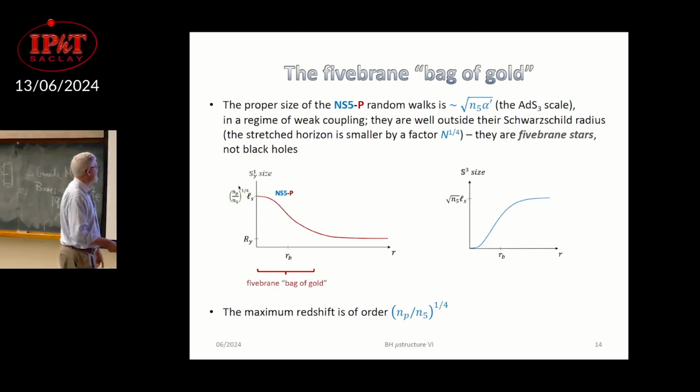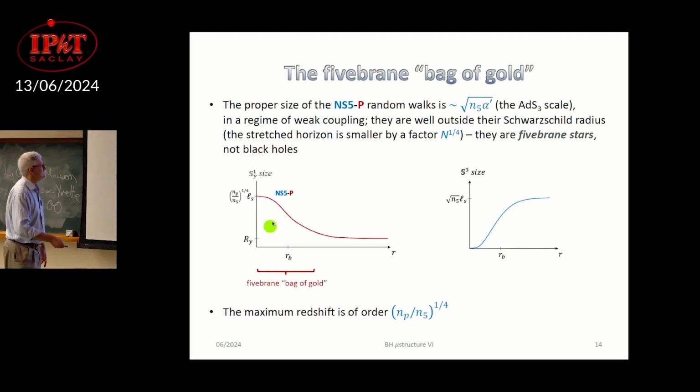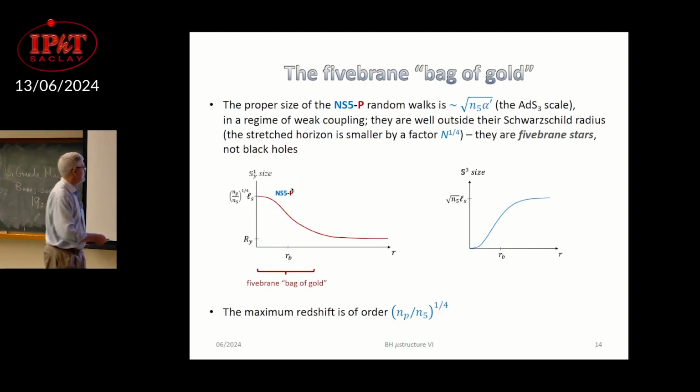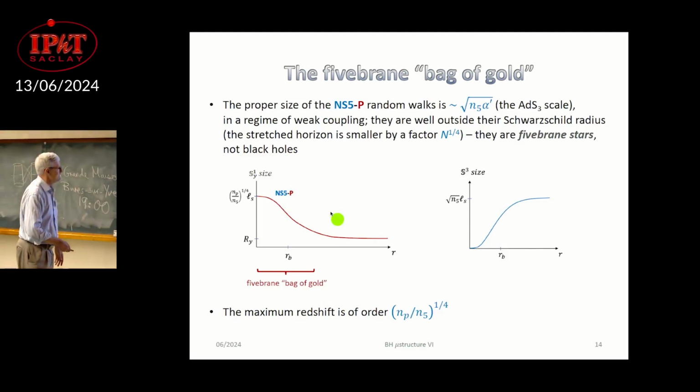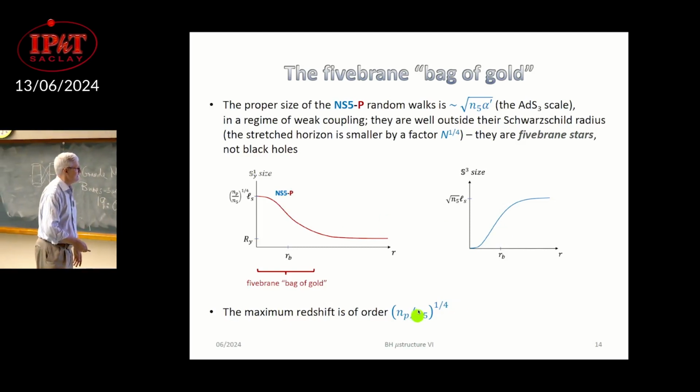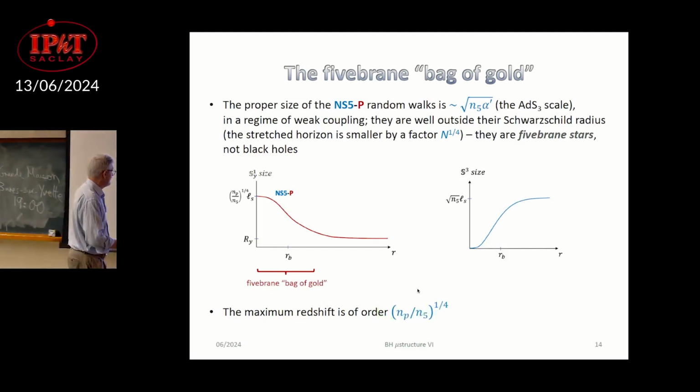So I call this a fibrane bag of gold because, way far away, it looks like you have some kind of extremal fibrane, but you get very close to it, inside this blob, and all of a sudden there's a big piece of space. And there's a maximum redshift. The geometry is capped off, and again, it's determined by the competition between the two charges that the system carries.